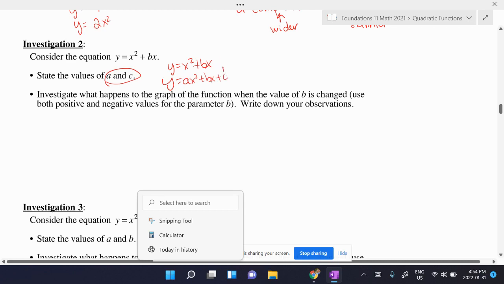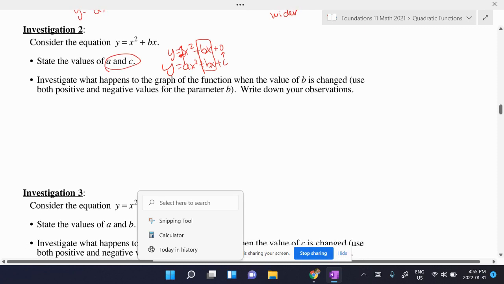So here, c is equal to 0. And your a here, to keep this the same, is going to have to be equal to 1, because 1 times x squared is x squared. Okay, so what happens if we change b?